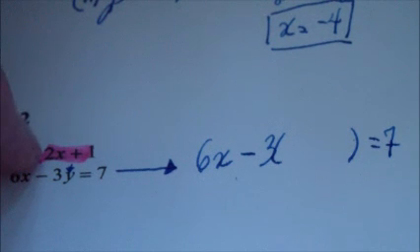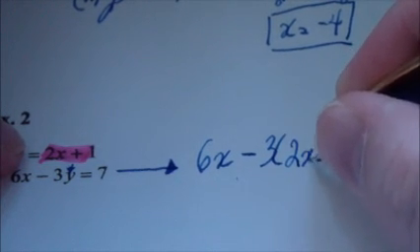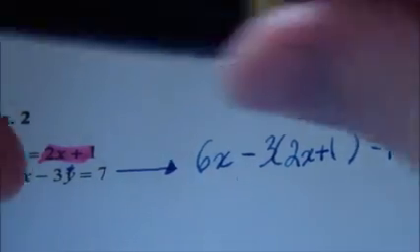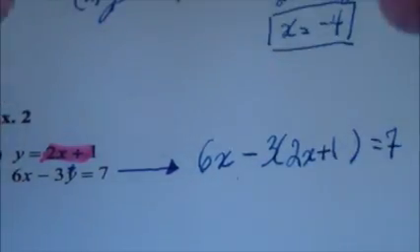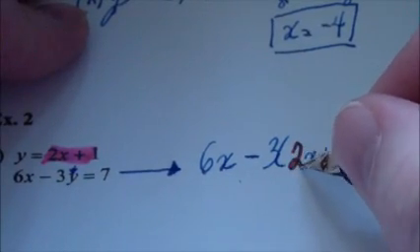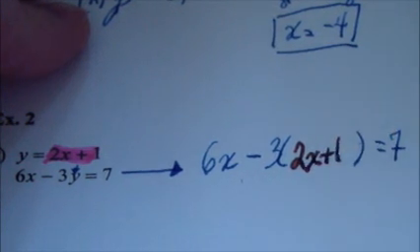Well, our something something is the 2x plus 1. So let's plug that in. 2x plus 1. And if you want, it's perfectly right to use a different color. In fact, that's what I'll do for what I plug in. 2x plus 1.